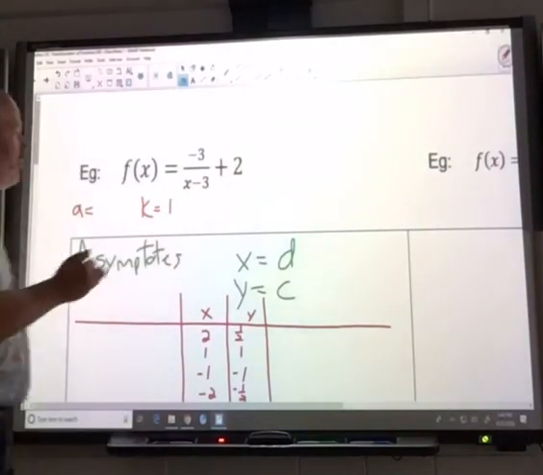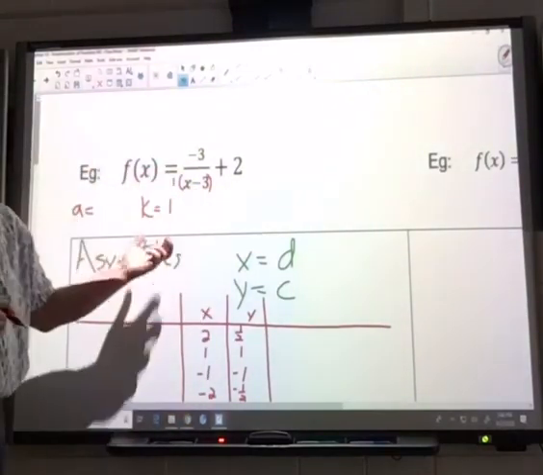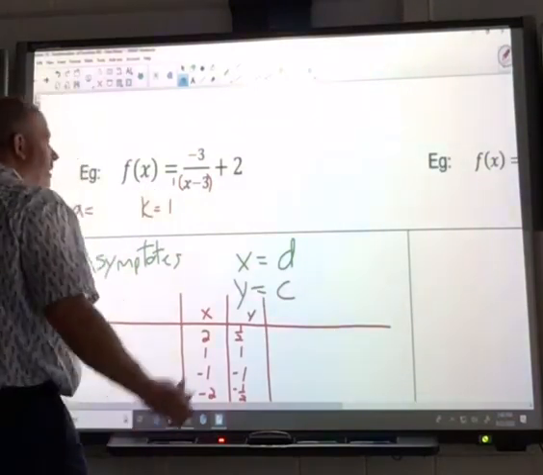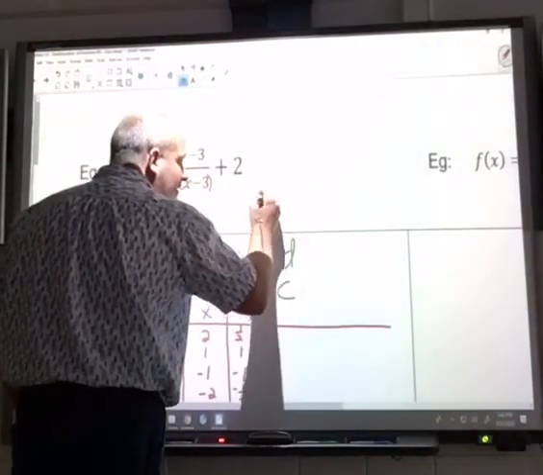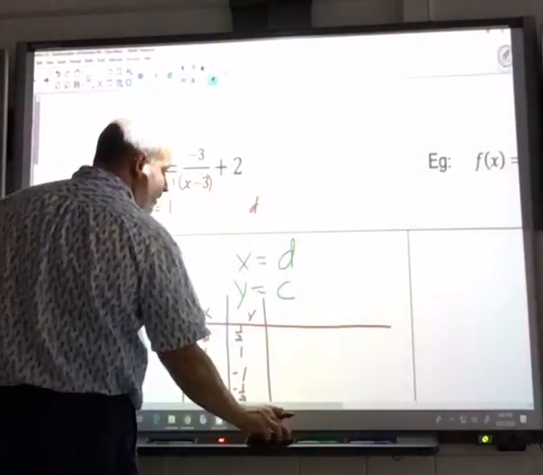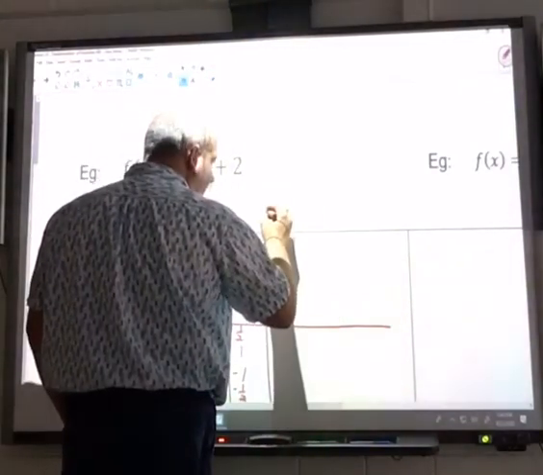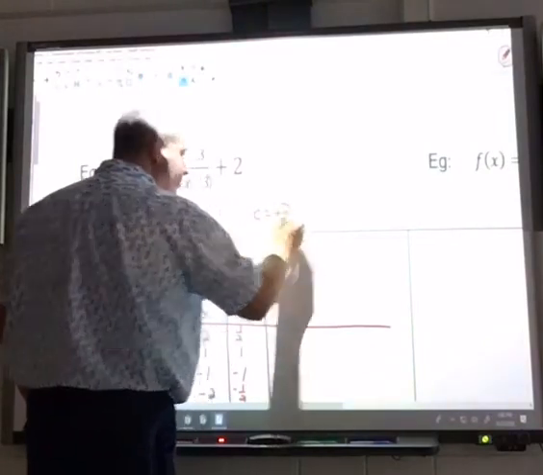And you could, I suppose, factor out the 1, and that is what you should do. But if the K value is 1, that just means it's not going to do anything horizontally. Okay? And then we have this -3, I know what that one is. That's going to be C, because that's all the way out. So it's like completely on the outside of the fraction, which is the outside of the function.